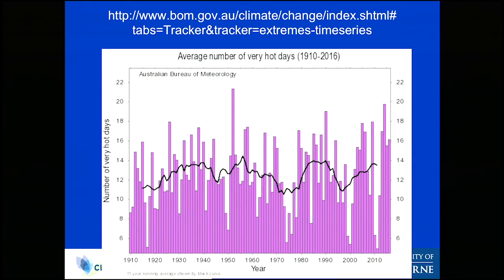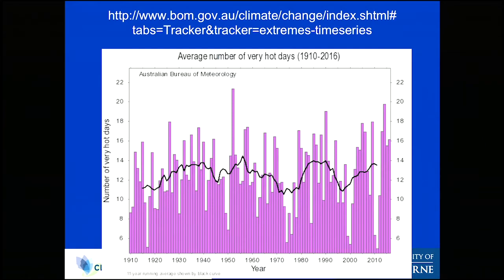And you're going to have a whole bunch of data sets with a whole bunch of indices already pre-computed, which you can use to examine some extremes. But you better know what you're looking at. And so I'm going to introduce you to the sorts of extremes indices that you're going to have available. And you can look at them and play with them and try to understand what they mean.